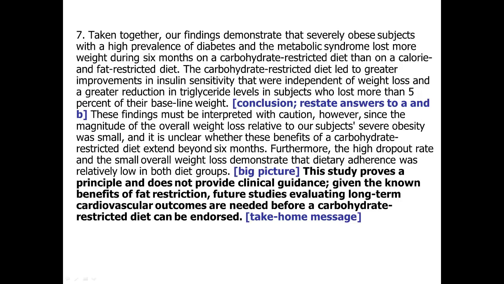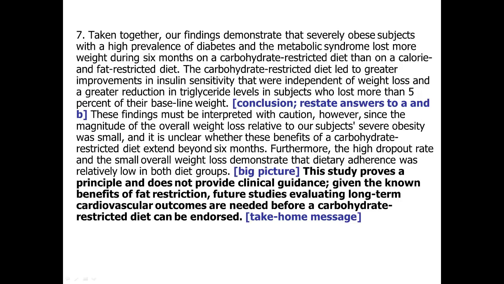Then they give you some big picture things, though. They say, well, hey, we got to interpret these findings with caution. This doesn't mean that everybody should rush out and go on a low-carb diet, because the magnitude of the overall weight loss relative to how overweight these subjects were was actually pretty small. So they did lose more weight, but it wasn't a huge amount. There was a high dropout rate, so that makes it difficult to interpret the results of our study.